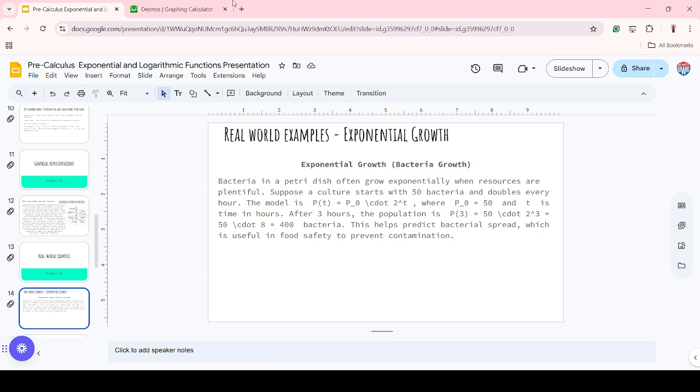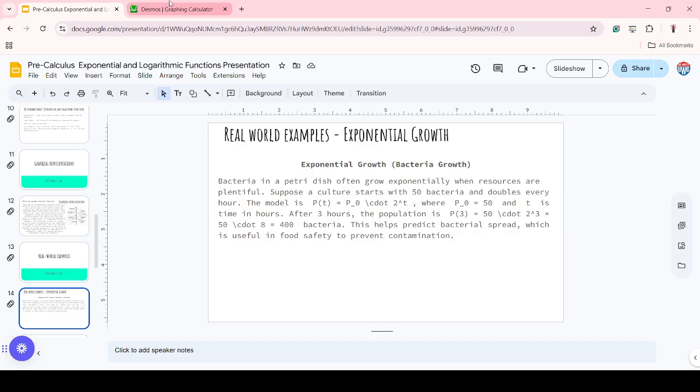So we see P of 4 is equal to 150 times 3 to the power of 4. 3 to the power of 4 is 3 times 3 is 9, times 3 is 27, 27 times 3 is 81.